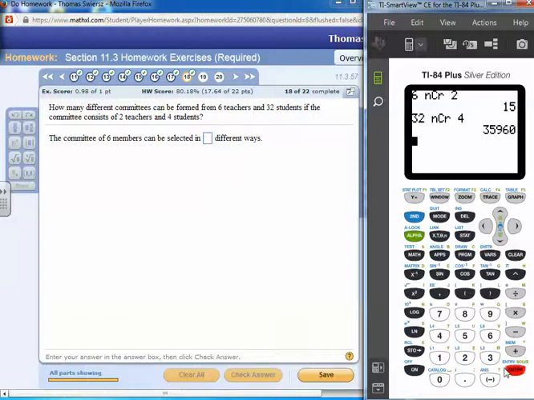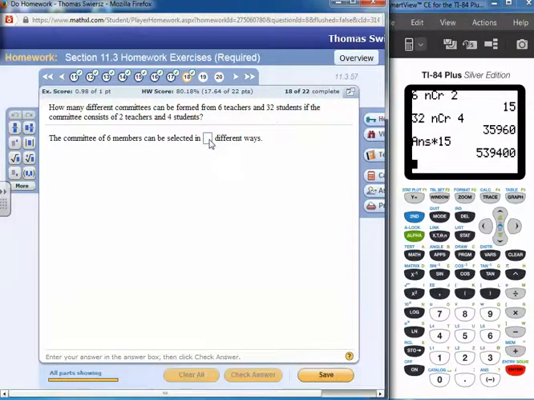So 32C4 is 35,960. So that's the number of ways to get the students times the number of ways to get the teachers, which was 15. And that gives us the total number of 6-member committees, which in this case is 539,400. So we had to do each one separately using combinations, and then we multiplied the 2 numbers together to get our answer.